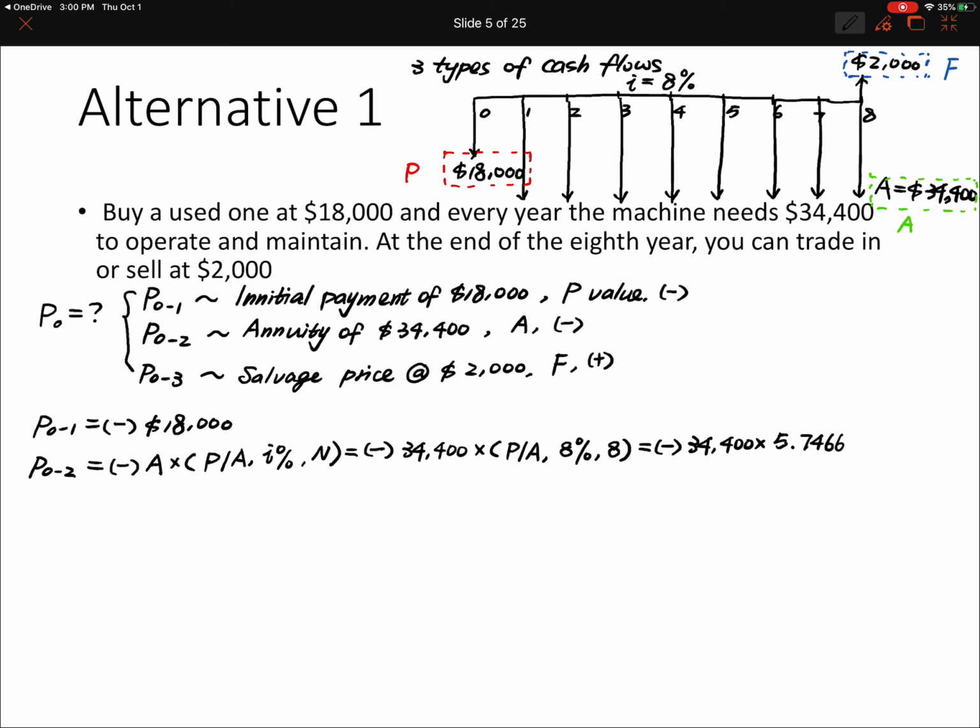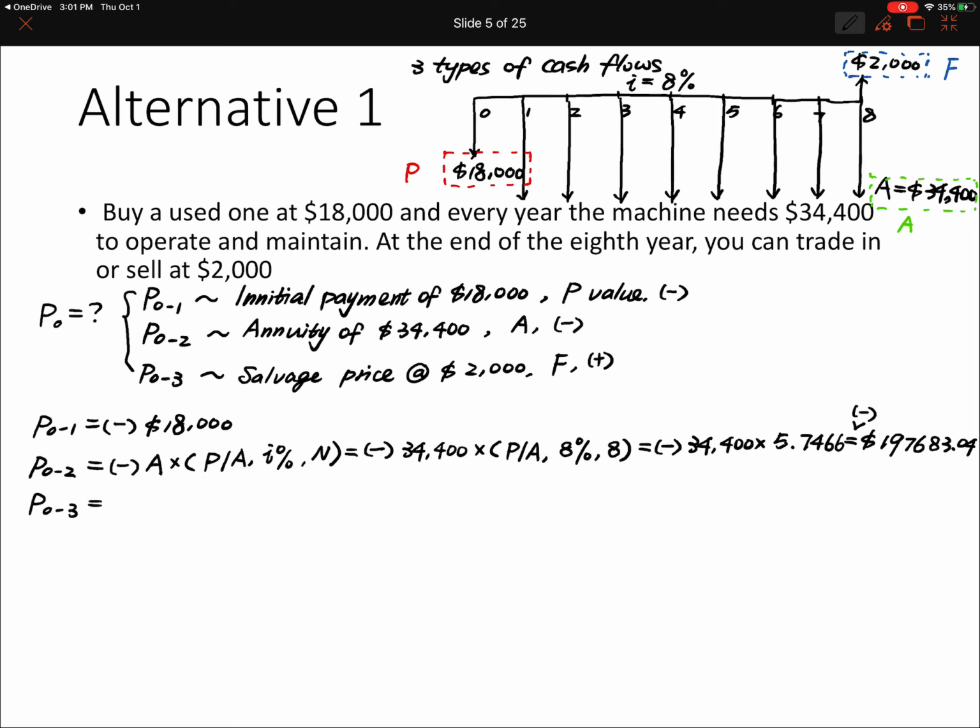Okay, and the final result is, don't forget about the negative sign. It is negative 197,683.04. Okay, so that is the present value coming from the annuities.